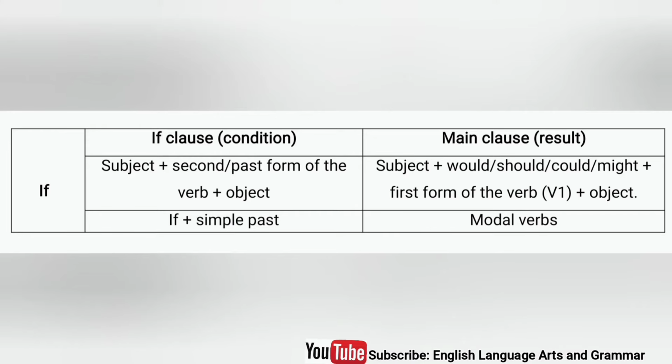Let us see the structure with some examples. The structure is if clause, or we also call it the subordinate clause, if plus simple past, in the main clause with some modals.